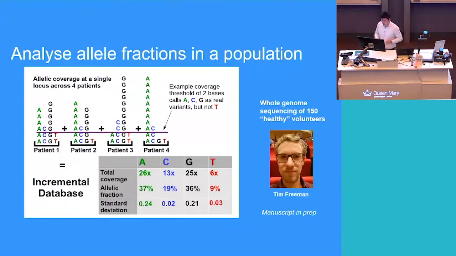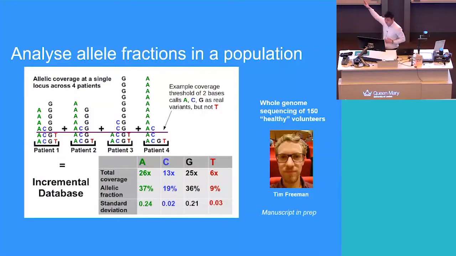So this is just an example whereby there are 4 patients, and instead of looking at the allele fraction in each patient at a particular locus, we look at the fraction across those 4 patients, right? So for a particular locus where the A allele could be called, the allele fraction across the 4 patients would be 37%.